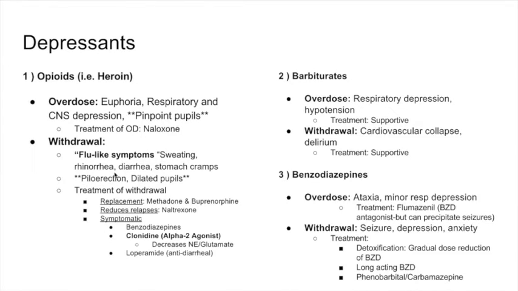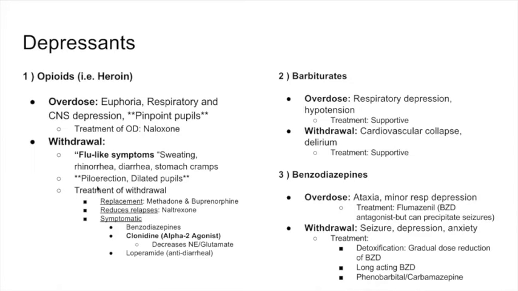A distinct sign that you'll see on the exam is piloerection, where the hair stands up, and dilated pupils. These are the opposite of the parasympathetic effects. These are more sympathetic nervous system effects, dilated pupils and piloerection.